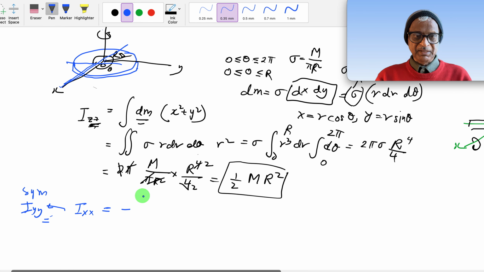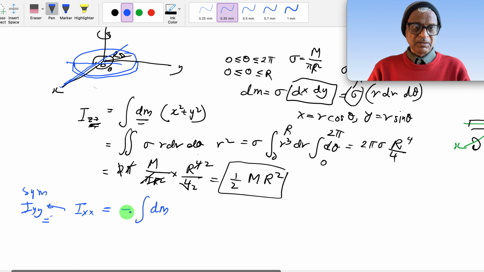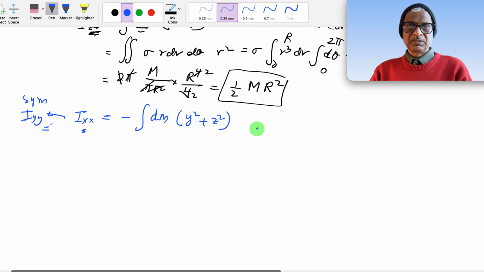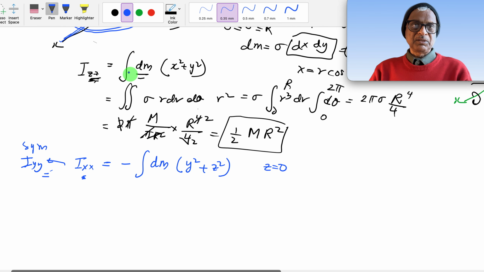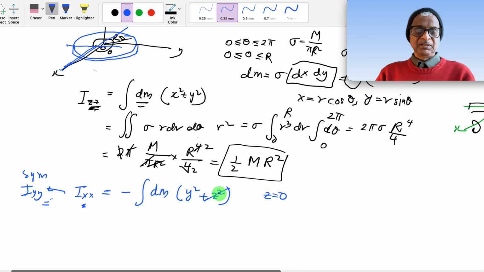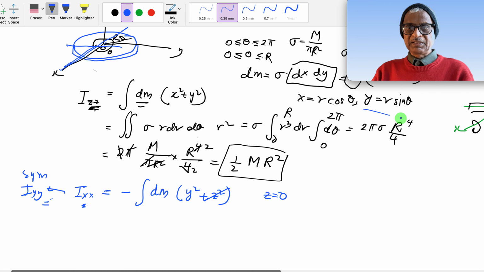It will be minus dm, because I have x, I will use y square plus z square. Of course, z is 0 here because no matter what point you take, z is 0, so this is not there, and y we wrote down like this.